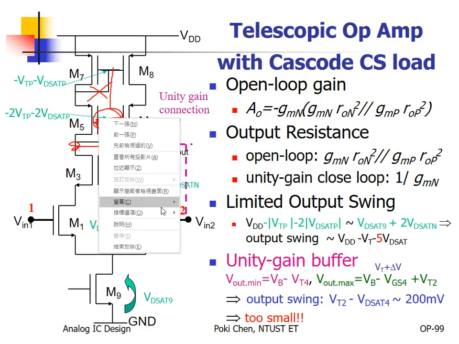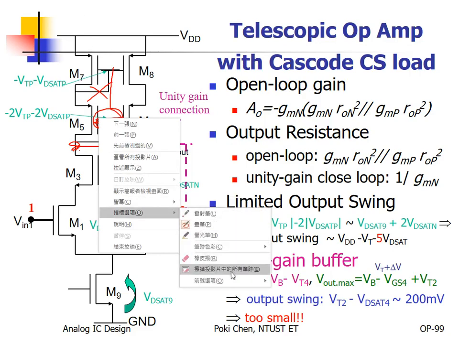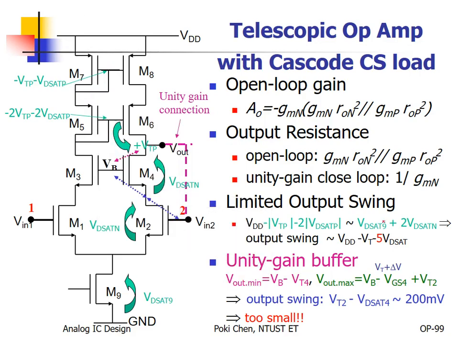Anyway, before leaving, again, for such kind of telescopic op-amp, I mean very high-end op-amp, if you apply this for an output buffer, I mean voltage buffer, okay, what will be the consequence?